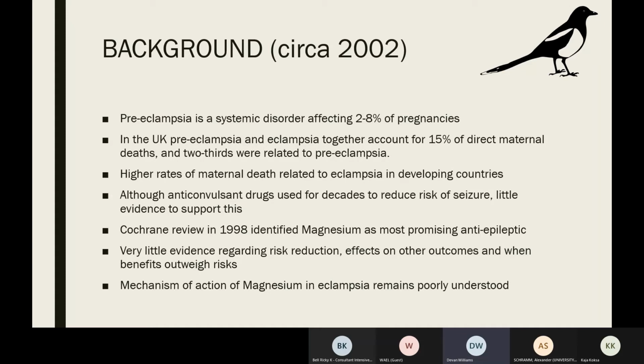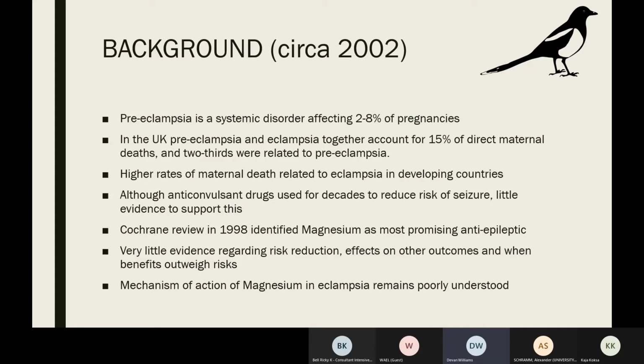Obviously, preeclampsia is, and still is, a systemic disorder affecting 2 to 8% of pregnancies, and it is involved in about 15% of direct maternal deaths. There are higher rates of maternal death overall, and in particular with eclampsia, in developing countries, which is something this trial was trying to have a look at.